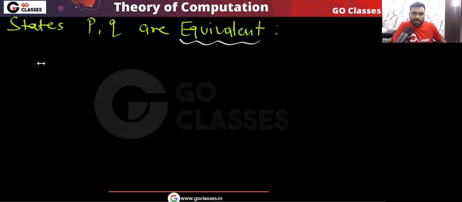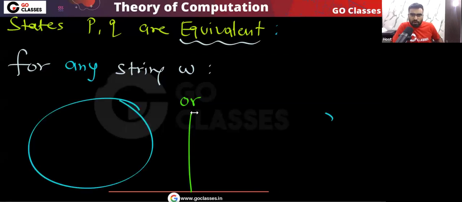Basically, when can I say two states are equivalent? When for every string W, remember, for any string W, whatever string you take, either this should happen or this should happen.